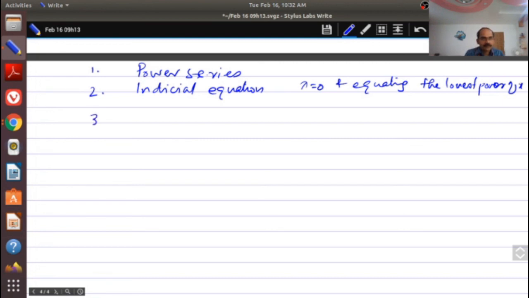Third, you make a1 equal to 0, the second coefficient is 0.